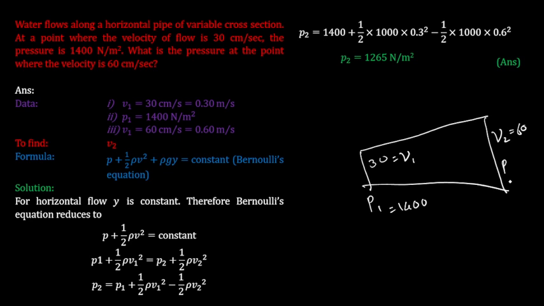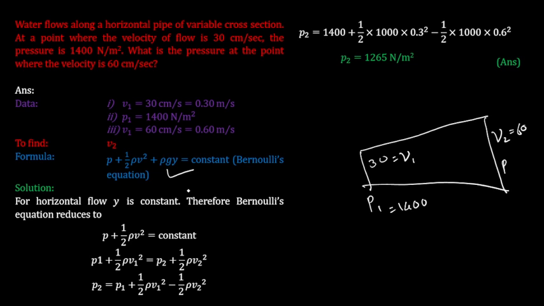So this problem is about the flow speed and pressure. So we have to use Bernoulli's equation because Bernoulli's equation governs the flow of liquid at different elevation and at different pressure. How pressure and different elevation may affect the flow speed is given by Bernoulli's equation, and this is the Bernoulli equation.